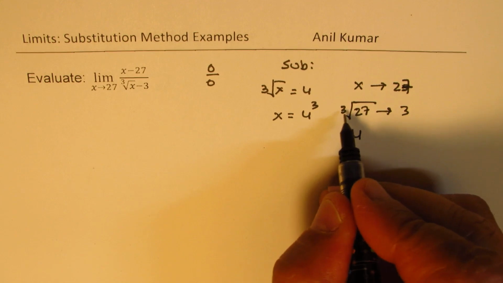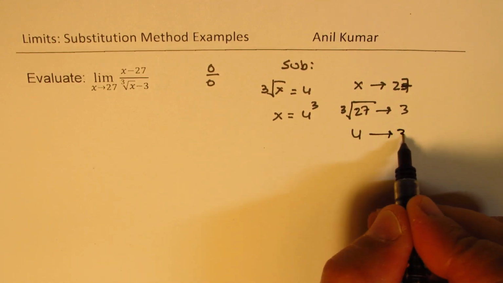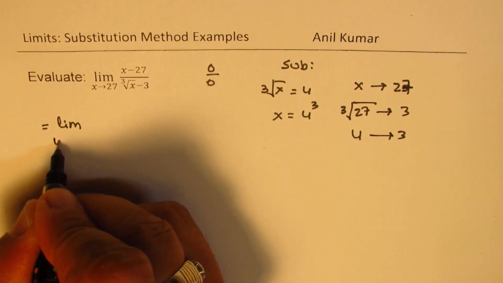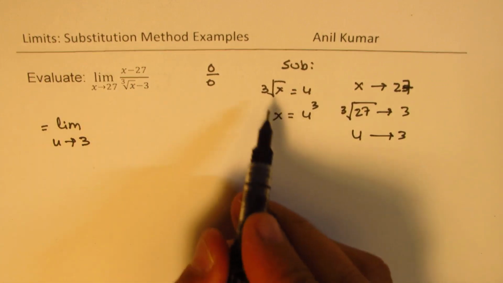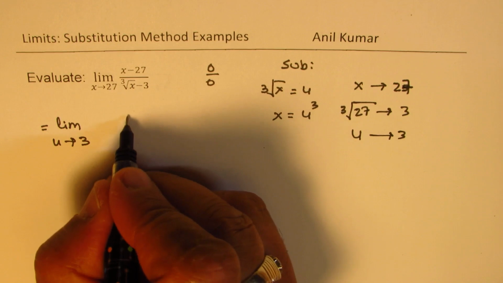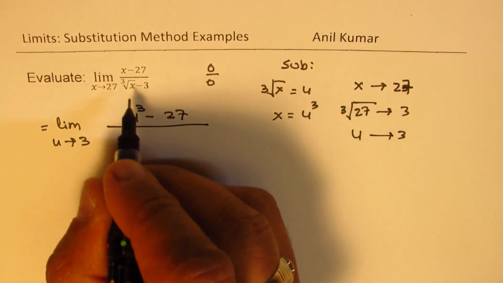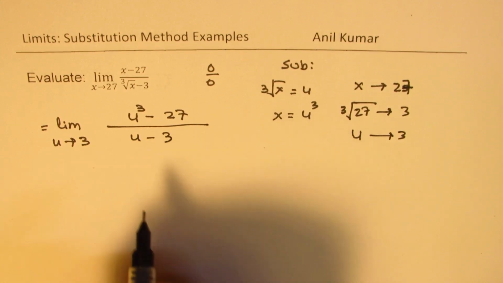So u approaches 3. So we could rewrite this as limit u approaches 3, and x is substituted as u cube. So we get u cube minus 27 over u minus 3.